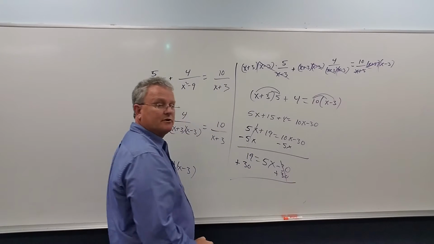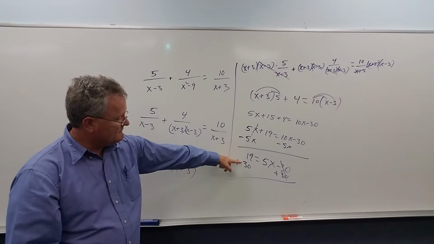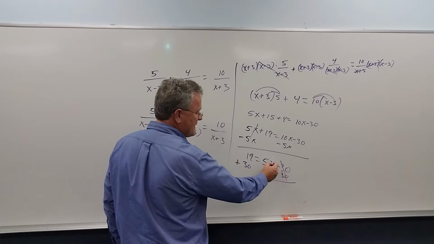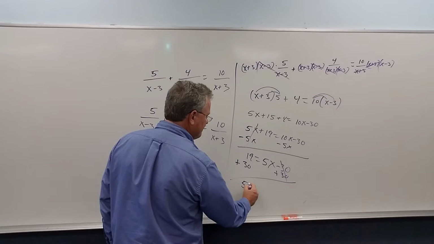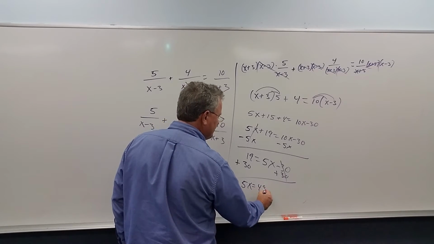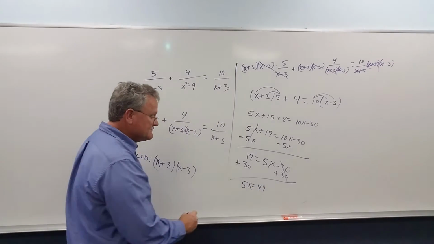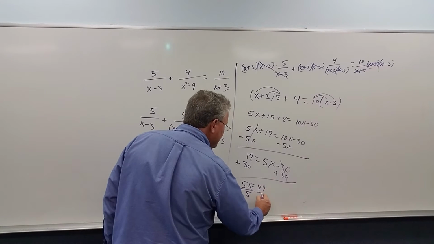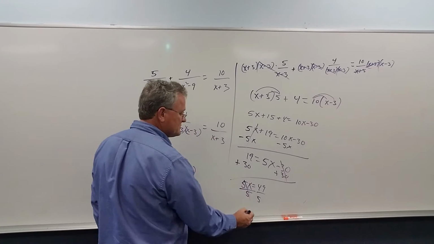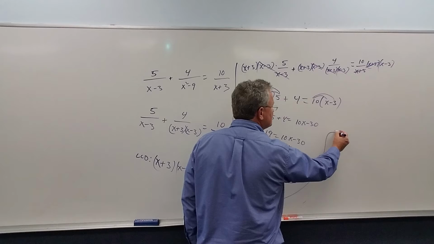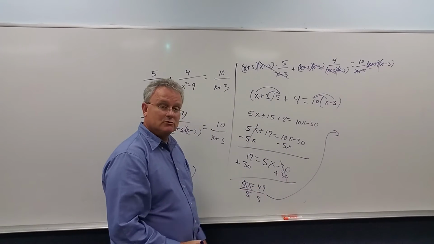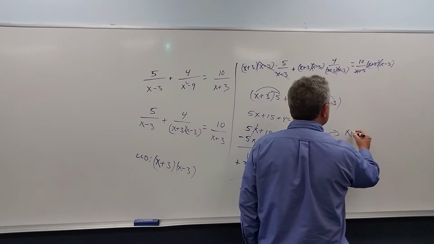These add up to 0. They cancel. Here we get 49. So we get 5x equals 49. Divide both sides by 5, and that looks like that'll be the answer. So the solution is x equals 49 over 5.